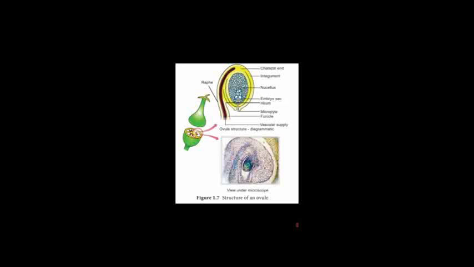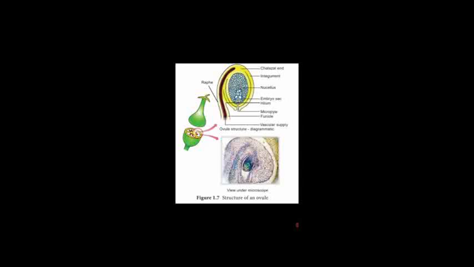That point is called hilum. Then the integument, which is attached to the funicle region, forms a small ridge-like structure called raphe. Vascular supply is also present inside the ovule.